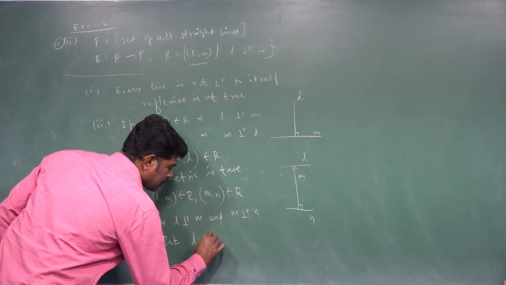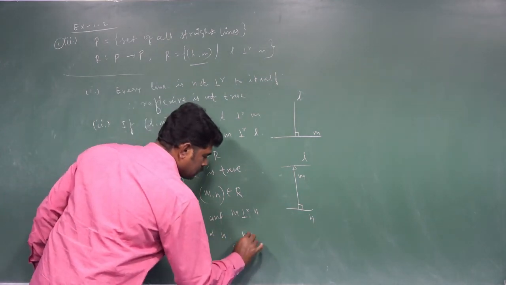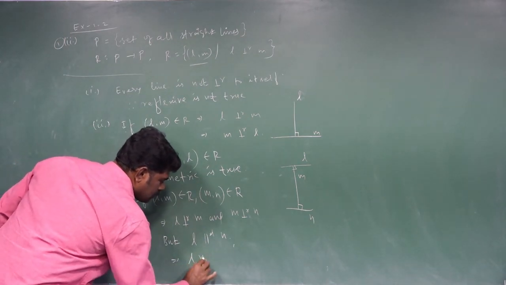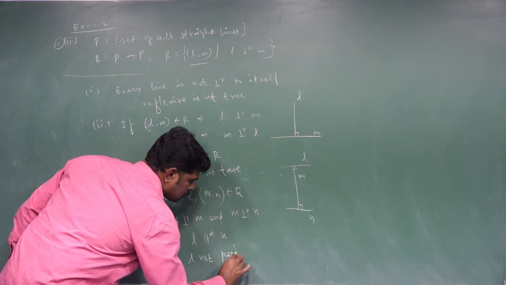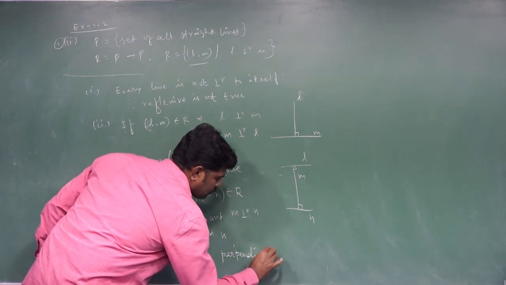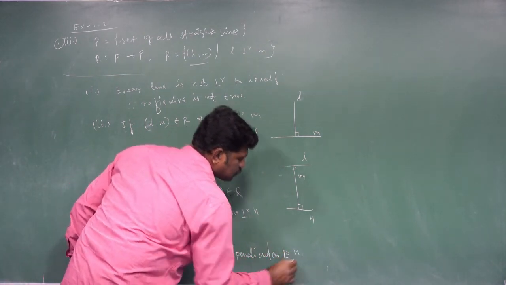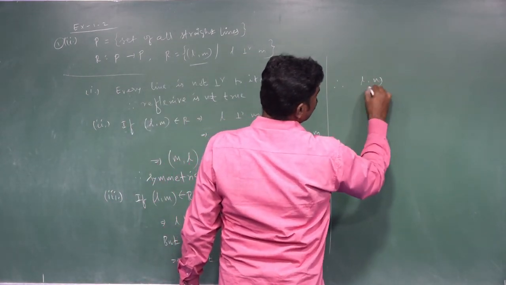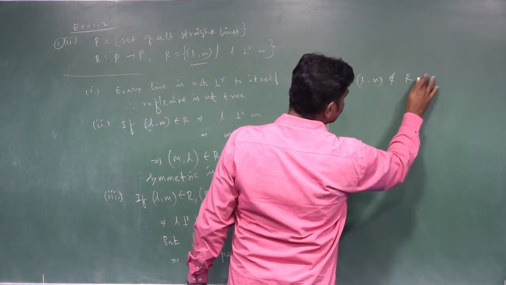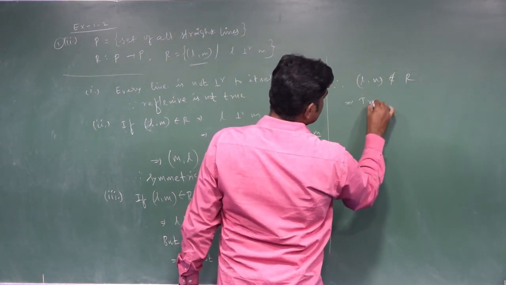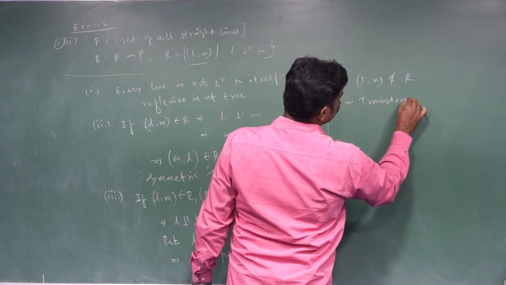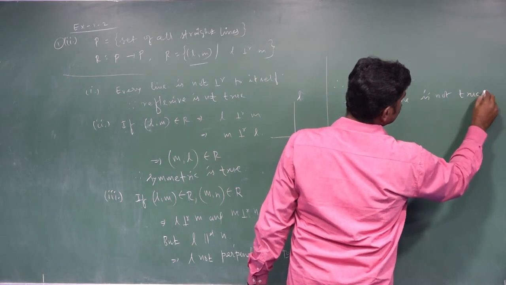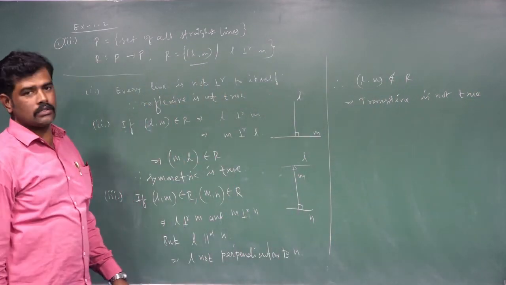L is parallel to N. So this implies L is not perpendicular to N. Therefore, the pair (L, N) does not belong to R. This implies transitive is not true. That's all.